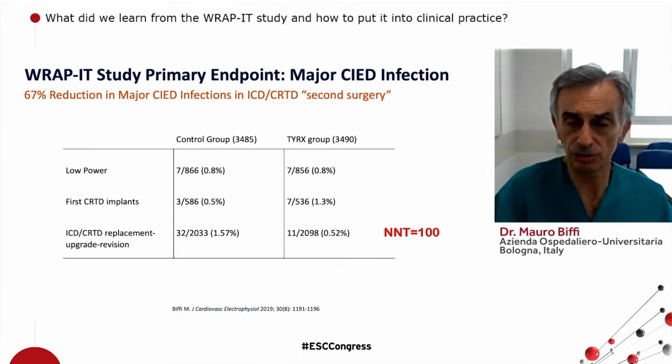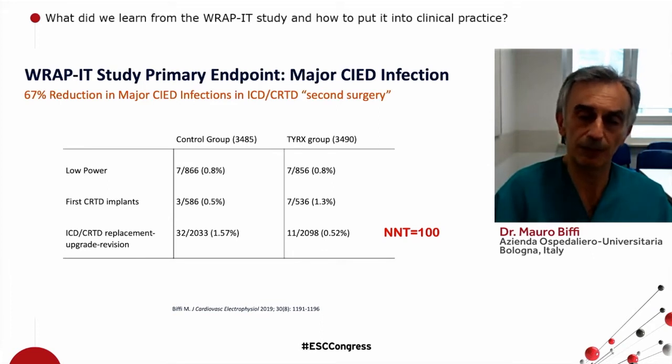Here, the reduction was 70% with the number needed to treat of 100, really attractive for broader implementation in the general CIED population. So we understood that both the complexity of the procedure and the complexity of the device are a hint to an improved outcome related to the use of Tyrx.